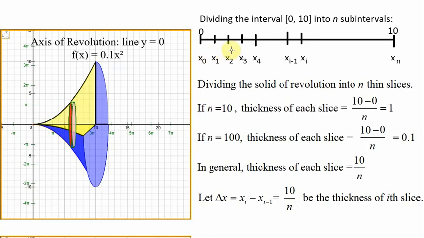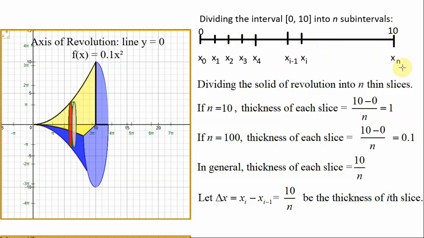So the first thing I'm going to do here is divide the interval from 0 to 10 into n number of subintervals, and so it would look like this. And let's call the first value here x of 0, and then x of 1, x of 2, x of 3, x of 4, and then eventually we'll get to the ith interval, and this would be x of i minus 1, and then x of i, and then all the way up to 10.